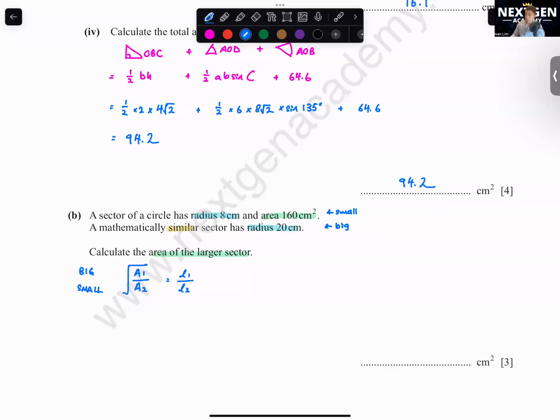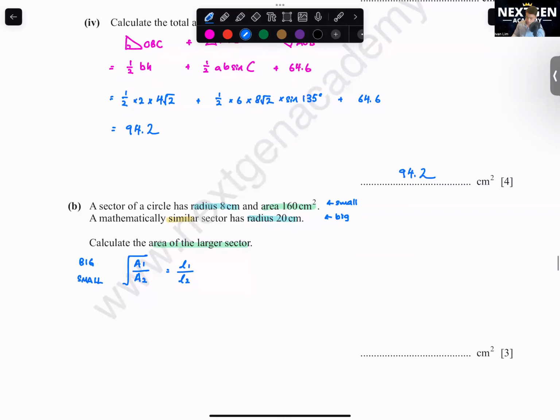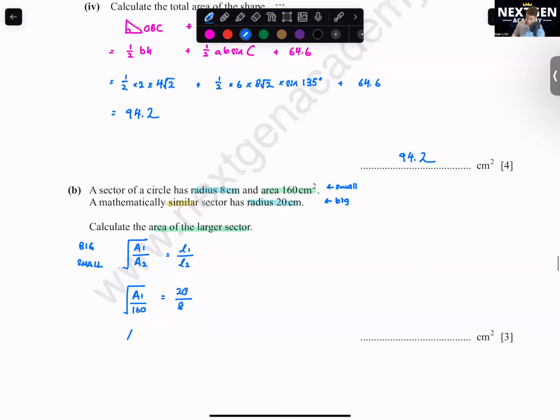So A1 is the area of the large one. A1 over 160, square root, equals to length of the big one over the length of the small one, which is the radius. Then you just rearrange everything. 20 over 8, bring that to square, then you times 160.